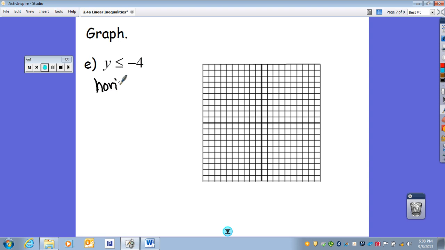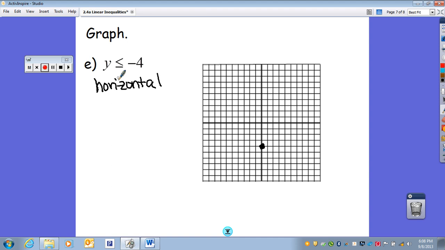In our next example, y is less than or equal to -4, we recognize that this should be a horizontal line because the y variable is the only variable that we see. We are going to make our first point at 0, -4, and at that point we need a horizontal line. When we take a look at our inequality, we notice that there is an equal sign.